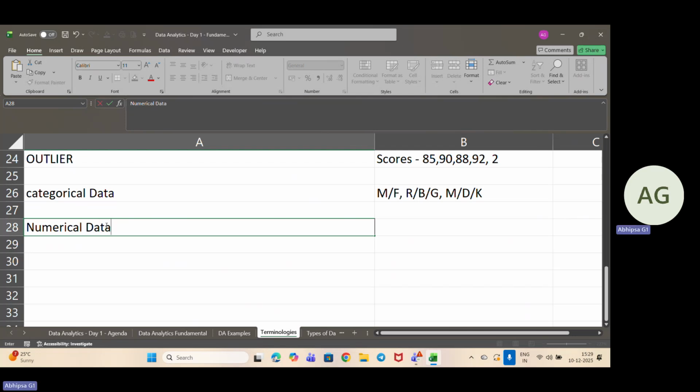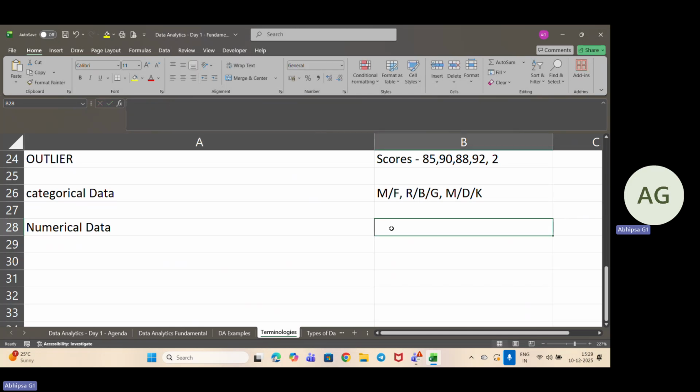Now, numerical data. What is numerical data? Data that is made of numbers, like age, height, salary, marks. These are fields where we can only include numbers. We can't include text or any word specifications there. They are made to work with numerical data only.